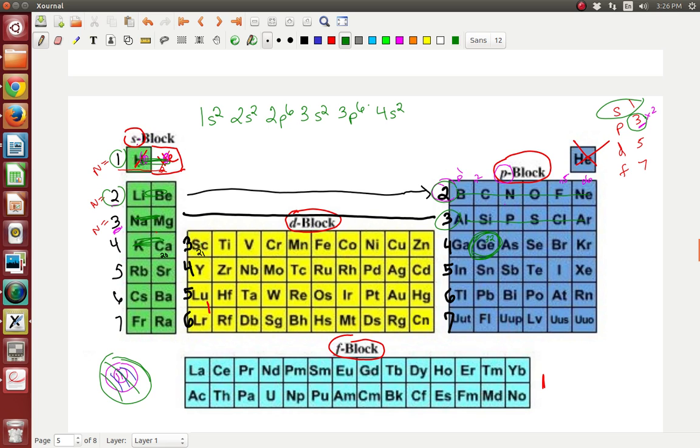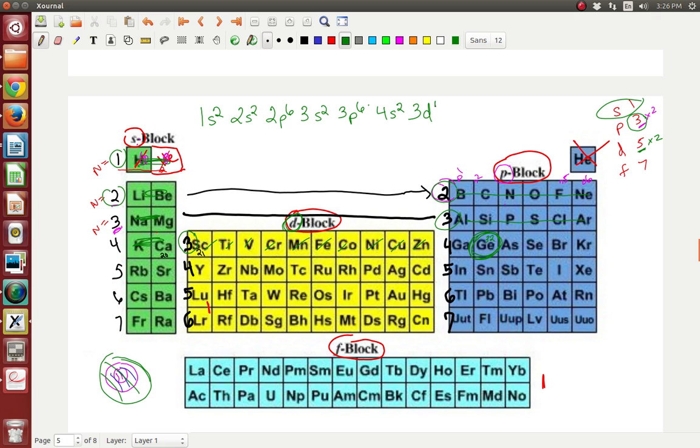Then it goes down to the 3 level again, and I want you to write it just like I do that. It goes down to 3, and now we're in the D block. So we got to write 3 and D, and it uses all 10 electrons. Remember, D has 5 shapes. 5 times 2 is 10 electrons, and here's where they'd be located. 1, 2, 3, 4, 5, 6, 7, 8, 9, 10.